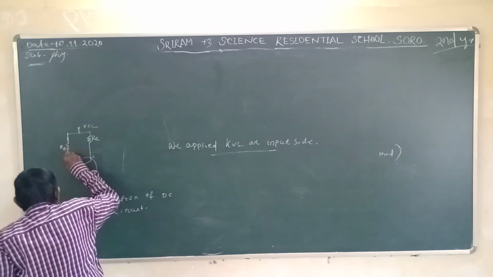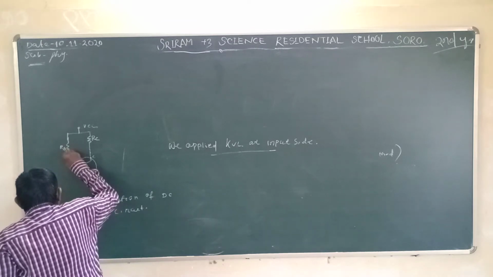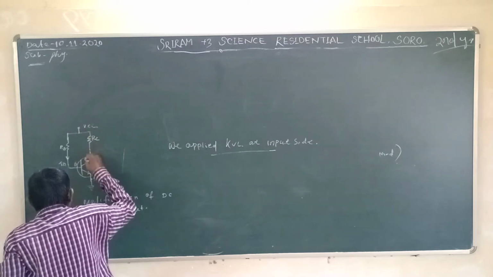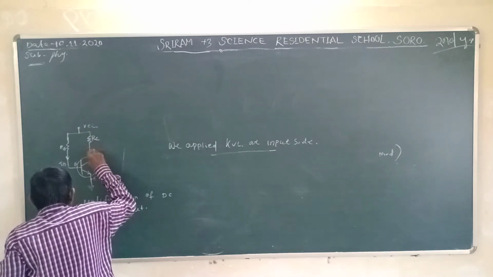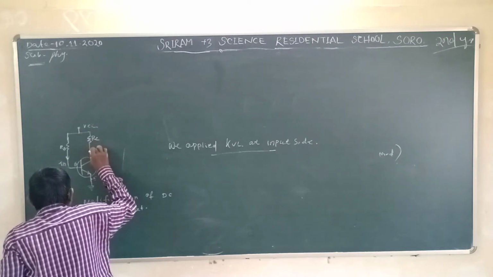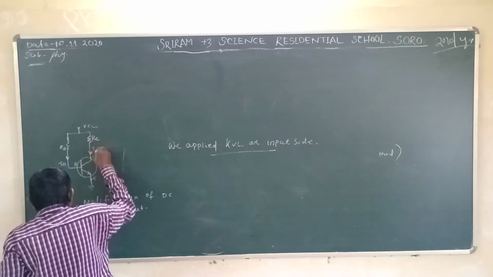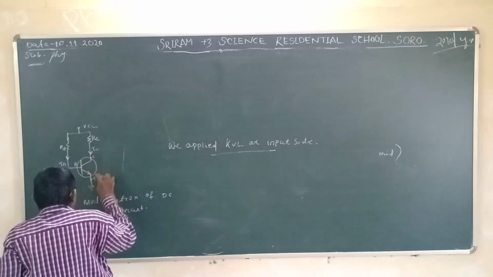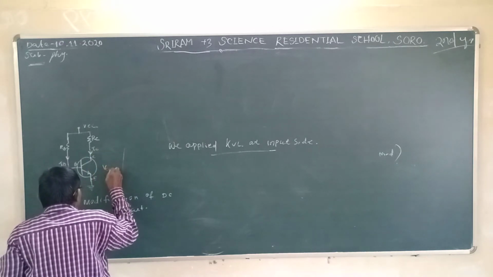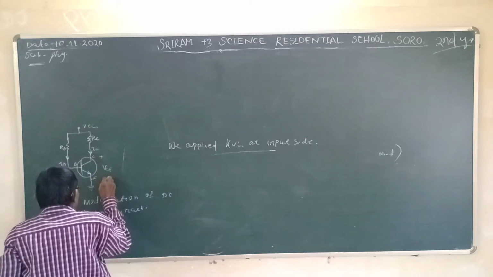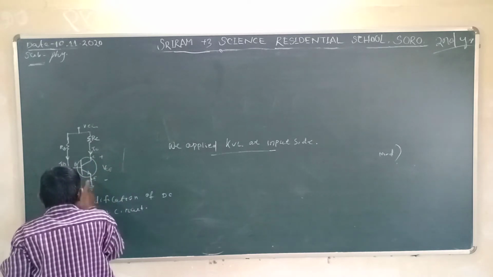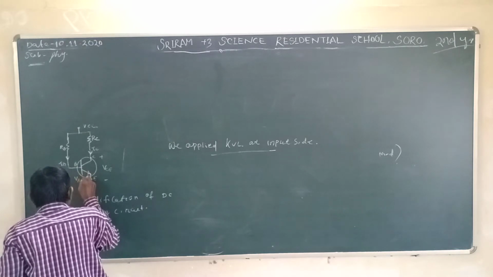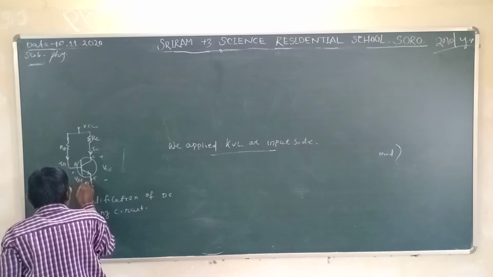This current is marked as an arrow, that is IB, and this current passing at the collector is marked as an arrow, that is IC. The collector to emitter voltage, VCE, has plus on this side and minus on that side, and the base emitter voltage VBE has plus and minus.